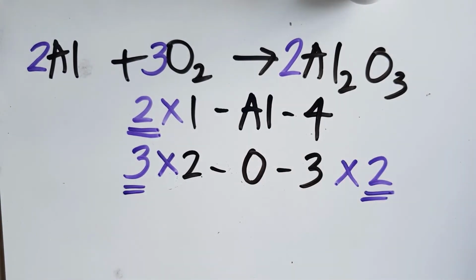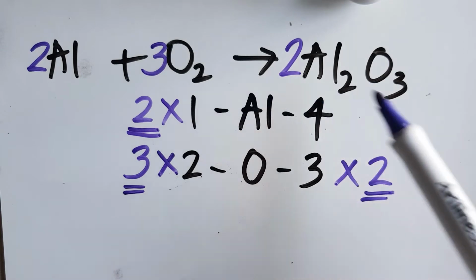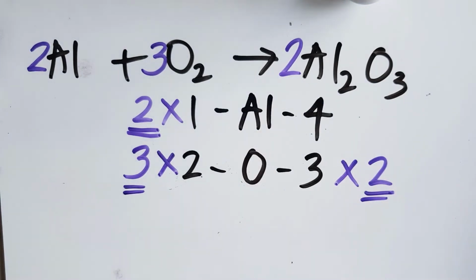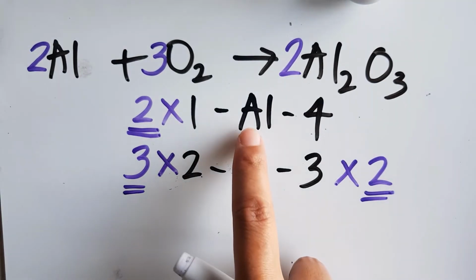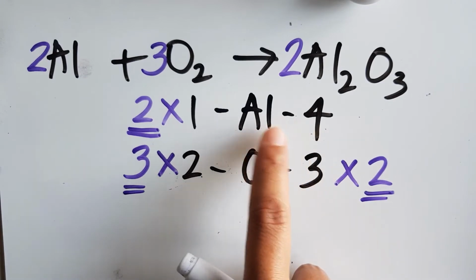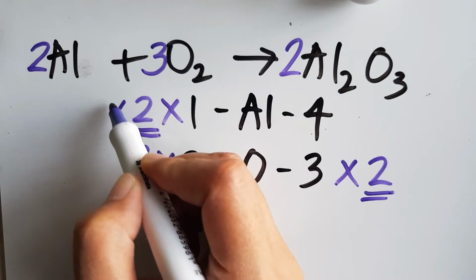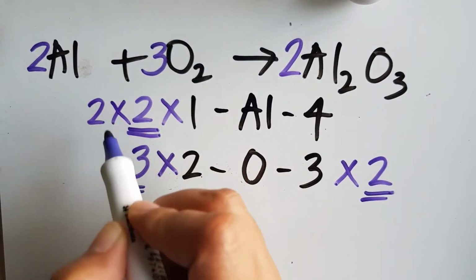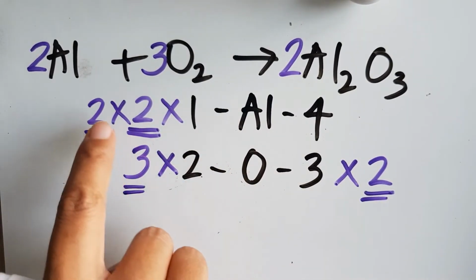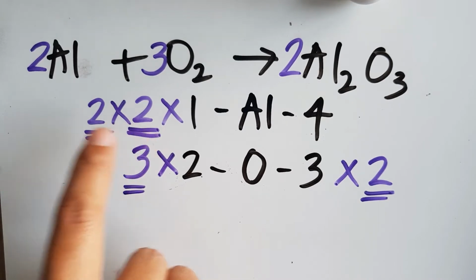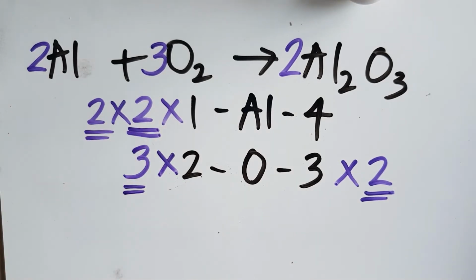And 2 times 3, I have 6 oxygen atoms. So aluminum is changed. I need to make them both 4. So I do that by multiplying this by 2 again. So that means I need a coefficient of 2 times 2. That needs to be 4.